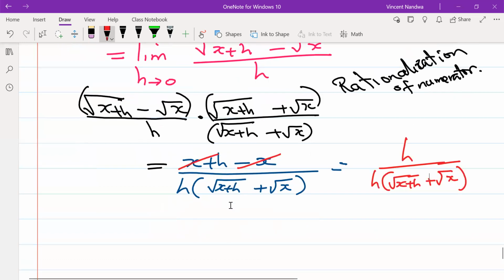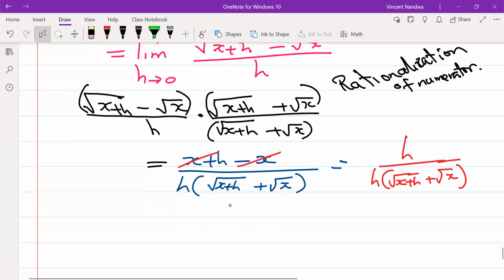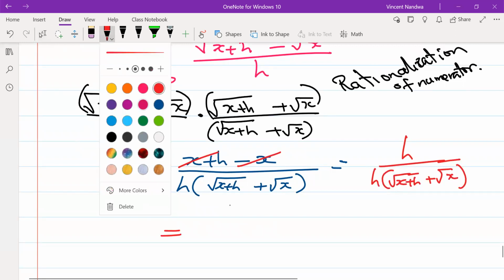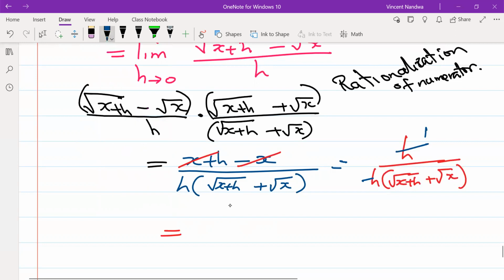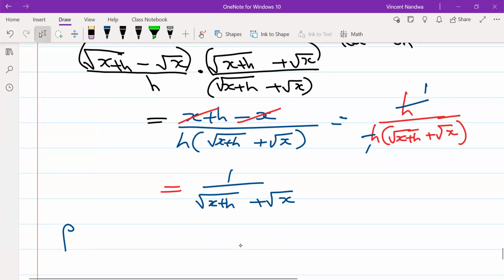So what will that simplify to? H cancels out, so we remain with 1 over root x plus root x plus h. Correct. So f prime will be the limit of this quantity.